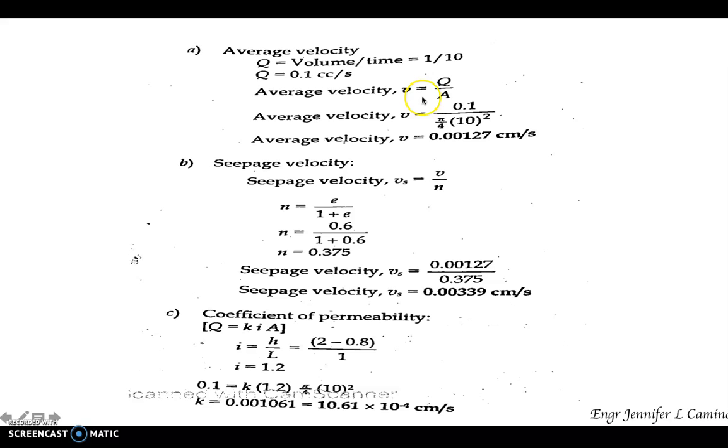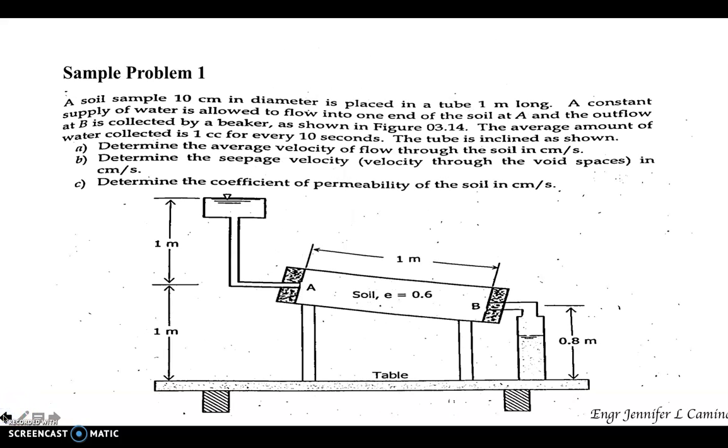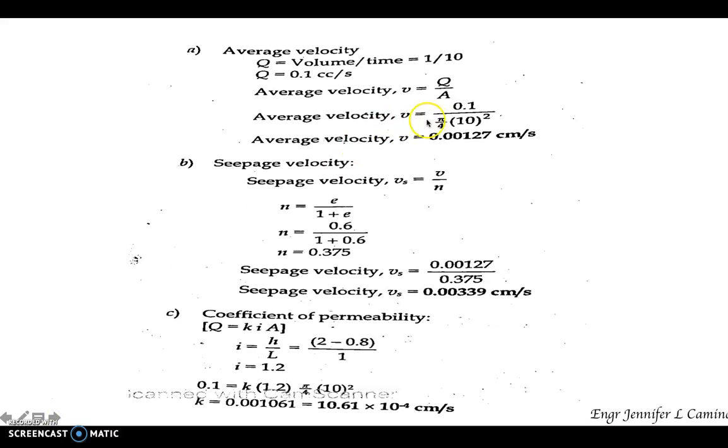So velocity is equal to Q divided by the area. That would be 0.1 over pi over 4 times the diameter, which is 10, raised to the second. Simplifying this, we have 0.00127 centimeter per second.